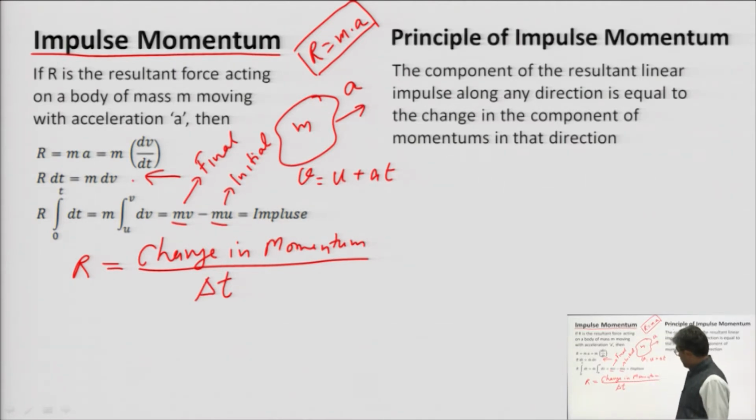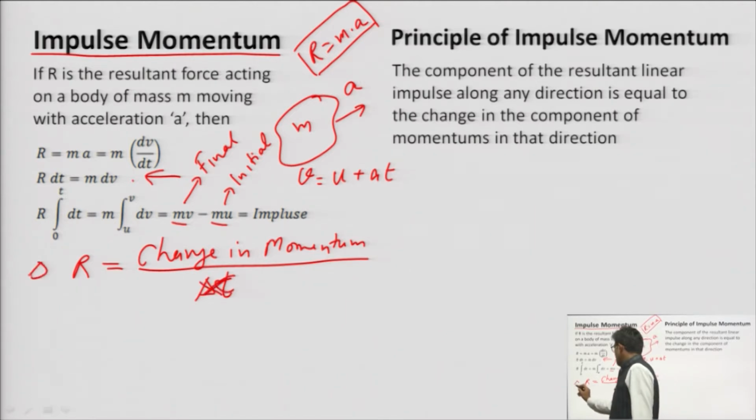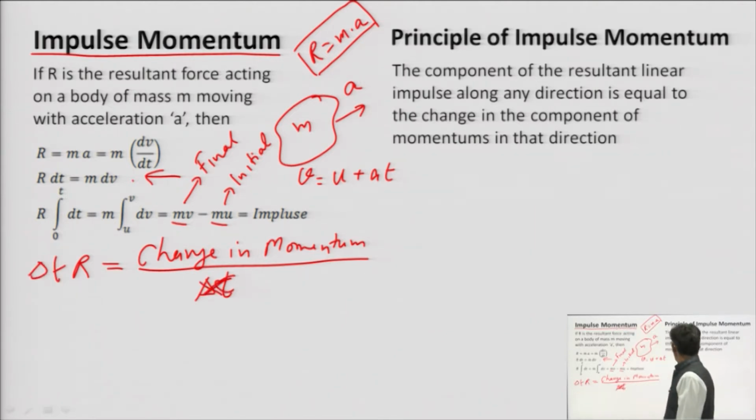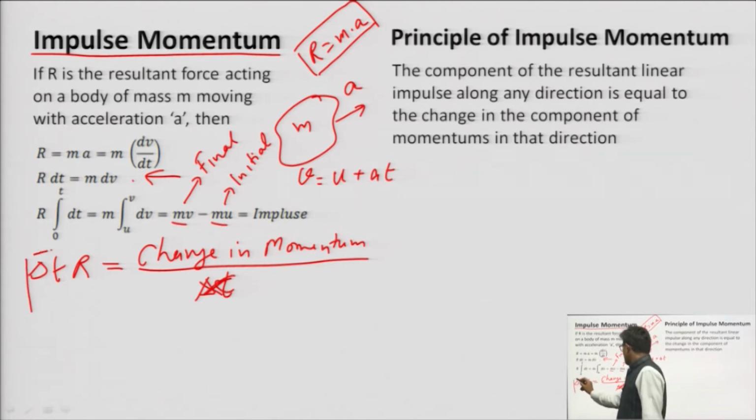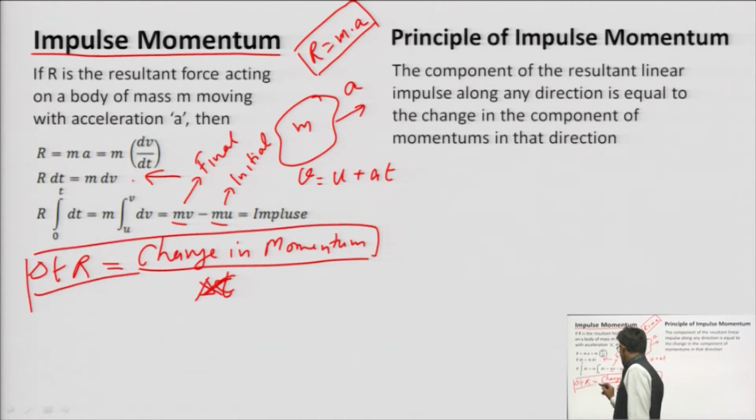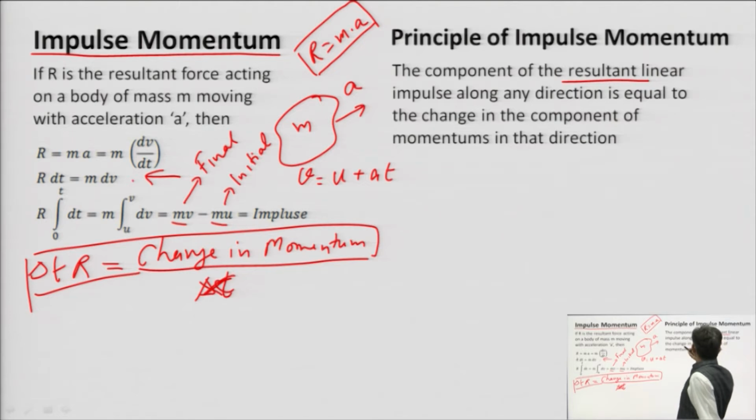So, write delta t here. This equation is the principle of impulse momentum. The component of the resultant linear impulse along any direction is equal to the change in the component of momentum in that direction.